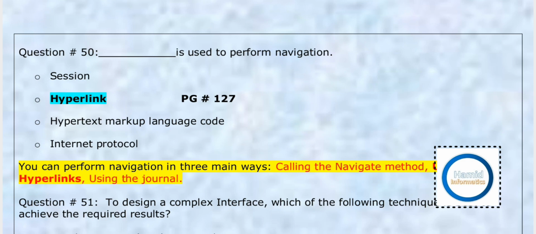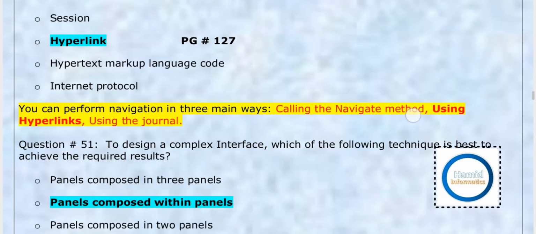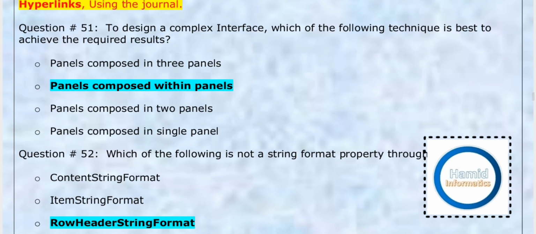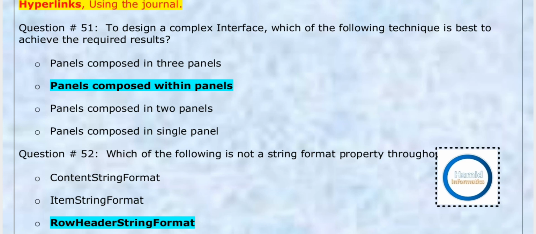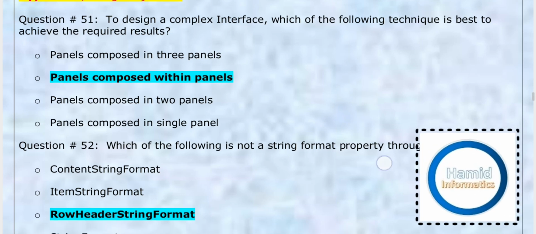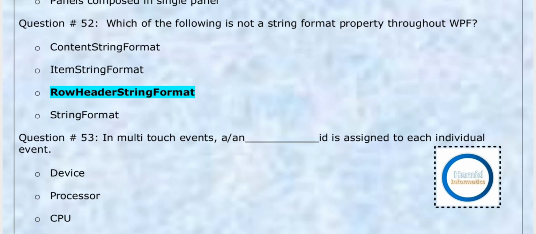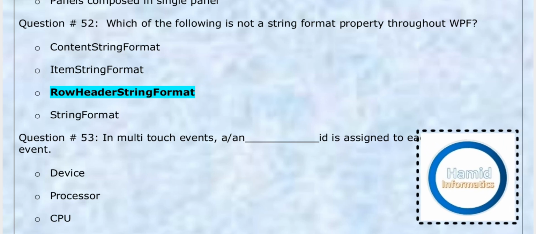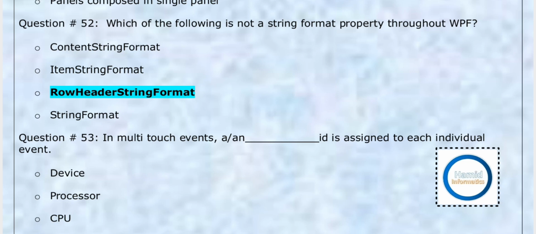Dash is used to perform navigation: hyperlink. To design a complex interface, which of the following technique is best to achieve the required results? Panels composed within panels. Which of the following is not a string format property throughout WPF? And the answer is row header string format.